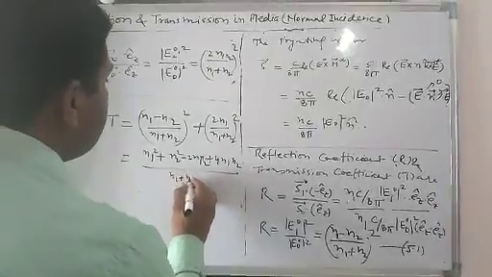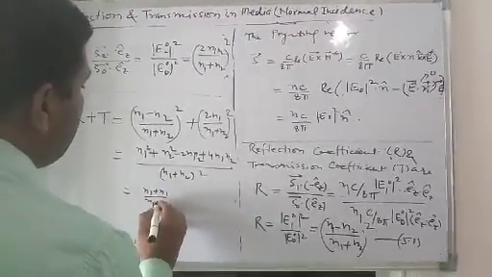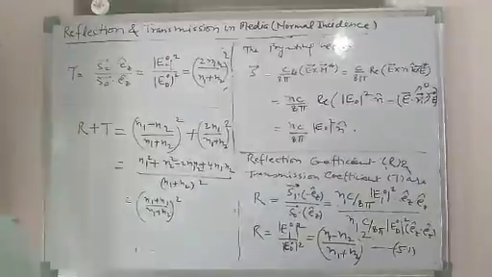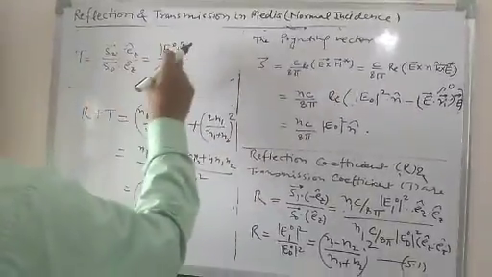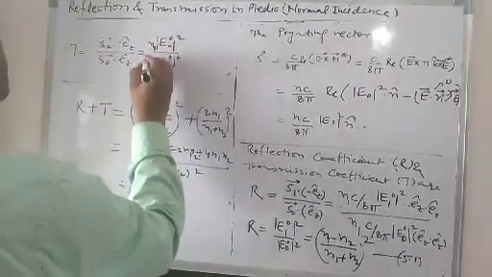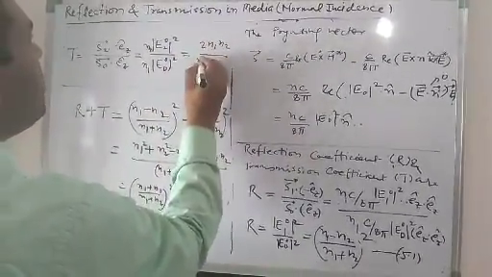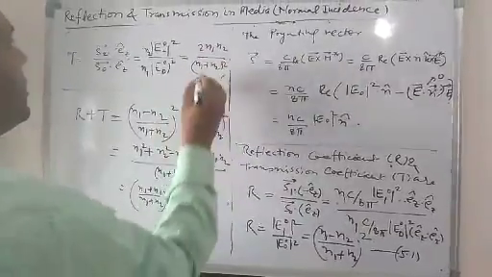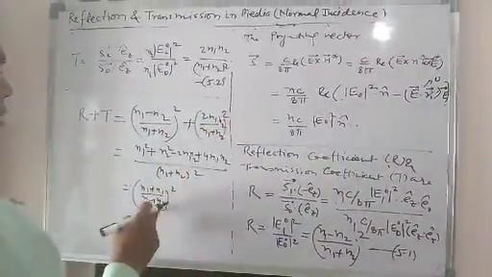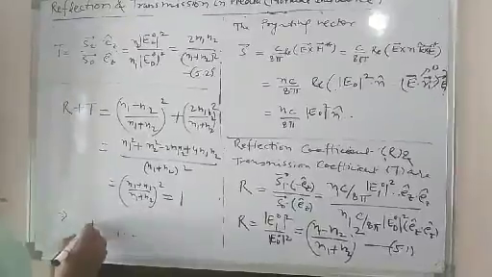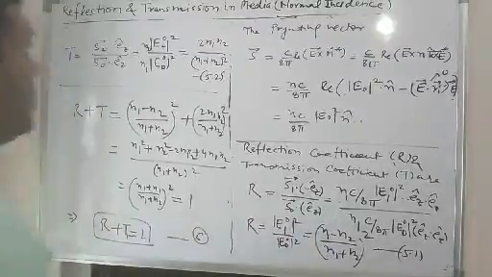I think what went wrong is the following: S2 will have n2 and this will have n1, so ultimately it should be 2n1 n2 upon n1 plus n2 whole square. So this is 5.2. Using 5.1 and 5.2, we get n1 plus n2 upon n1 plus n2 whole square, which is basically 1. So R plus T is 1. This is equation 6.